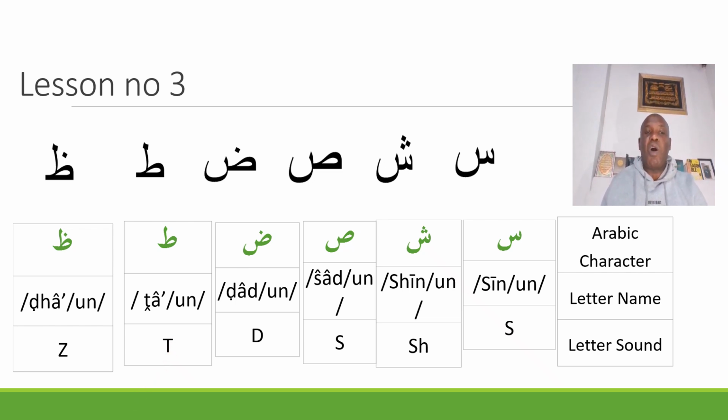And we have Ẓā. So you can see that the Ẓā and the Dwād are much, much similar. This is Dwād with a D at the end, and this is Ẓā, similar to Z, pronounced DHA.